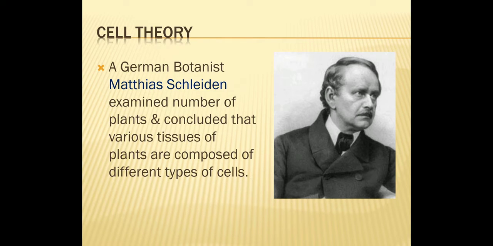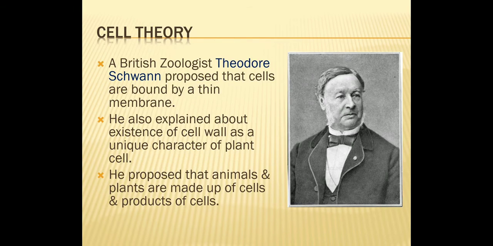At the same time, another scientist, a British zoologist, Theodor Schwann, proposed that cells are bound by a thin membrane. He also explained the existence of the cell wall. He told that the cell wall is a unique character of plant cells.